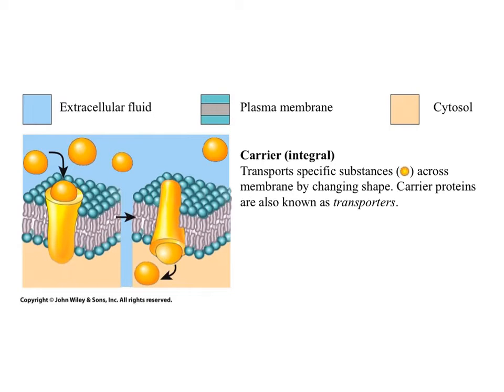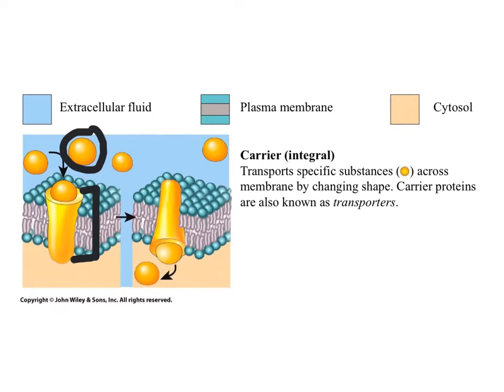Okay. Another type of protein that you're going to see in the plasma membrane is a carrier protein. Again, this is an integral type of protein, which you can see there. The purpose of this is to transport substances across the membrane. In order for that to happen, what you're noticing here is this shape right here is the actual protein, and these circles here, all of them, are whatever's being carried through.